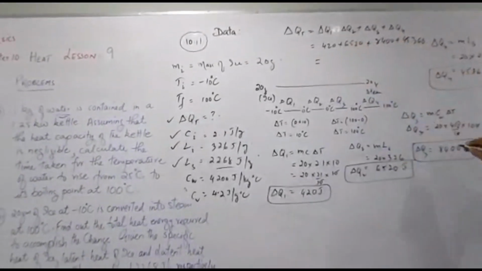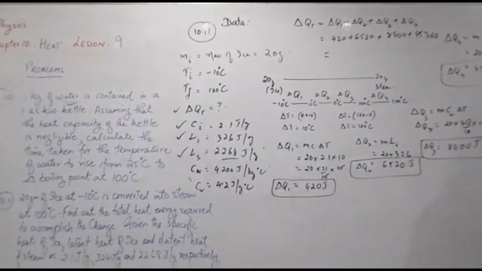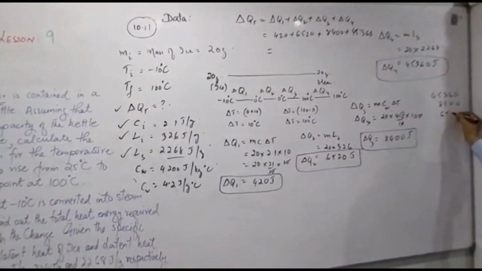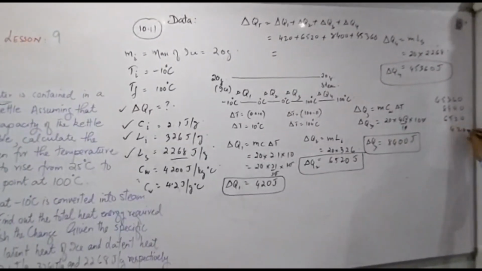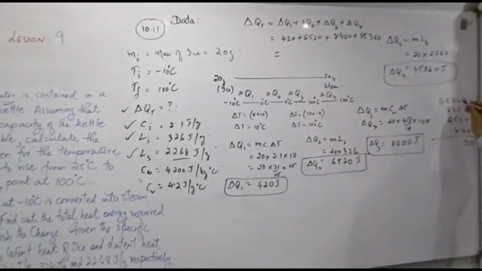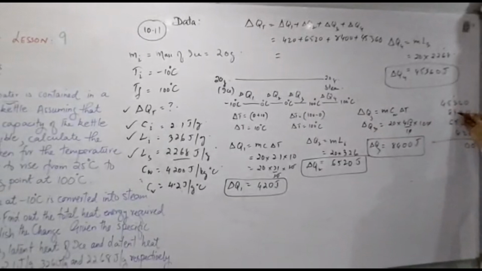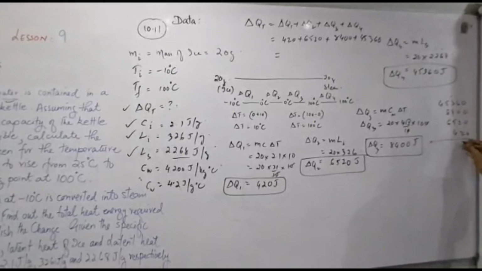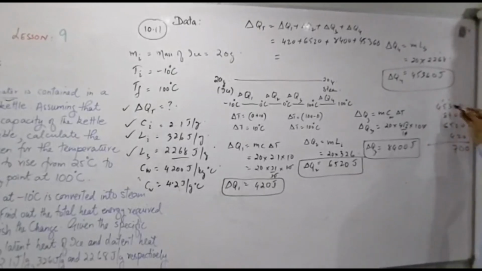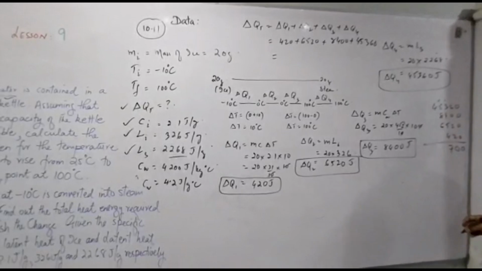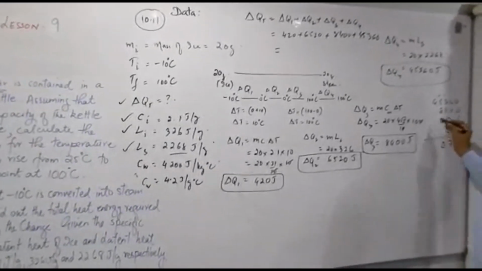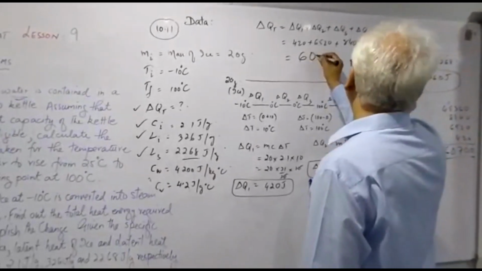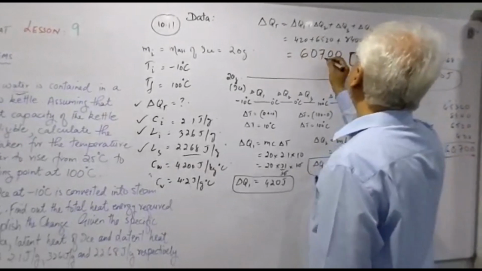When you add all this, you get 60,700 joules.